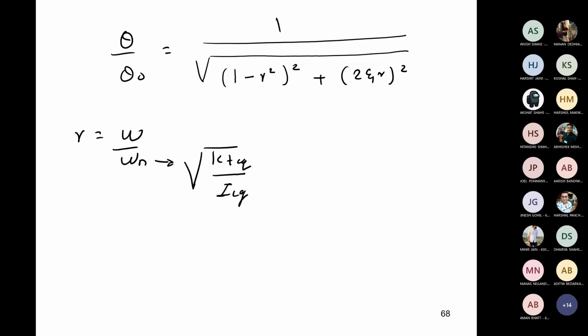What is the value of omega? It's the forcing frequency. It is given in the question. 500 rpm.